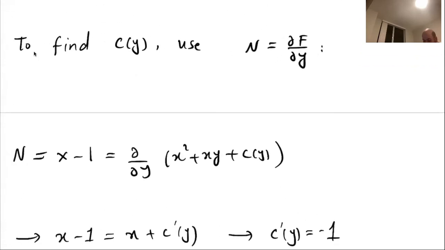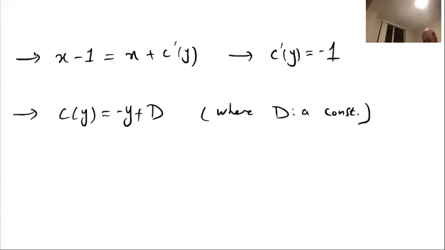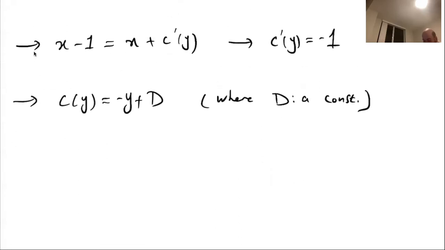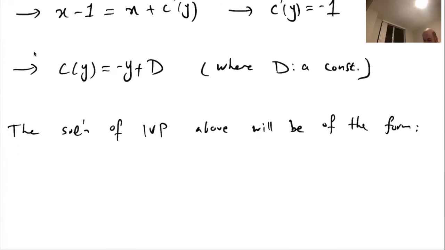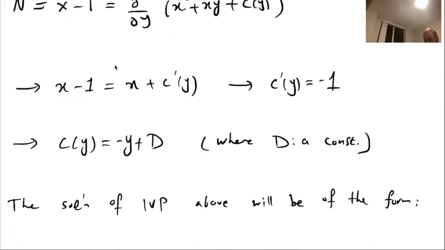So we can say that the solution of the IVP above will be of the form f of x and y equals 0, because again, we have included a constant already here, so we don't need to include another constant on the right-hand side.